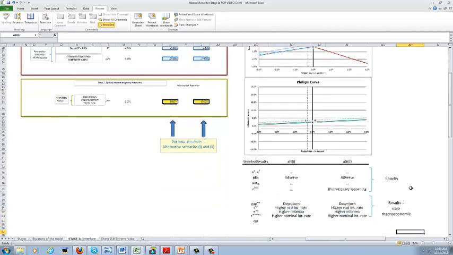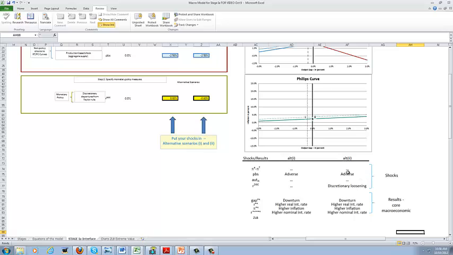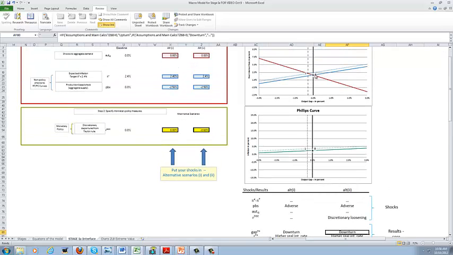So let's take a look here at how we summarize this scenario in English. We had an adverse shock to supply. It was offset with a discretionary loosening of monetary policy. We get a slight downturn here, but you can see just by looking at the chart that in fact it isn't very much, that we're actually back at our zero output gap. Okay.